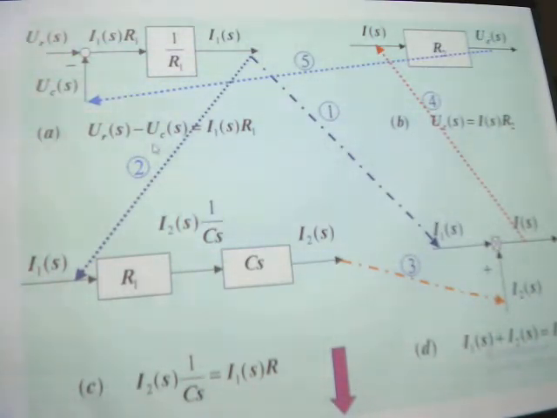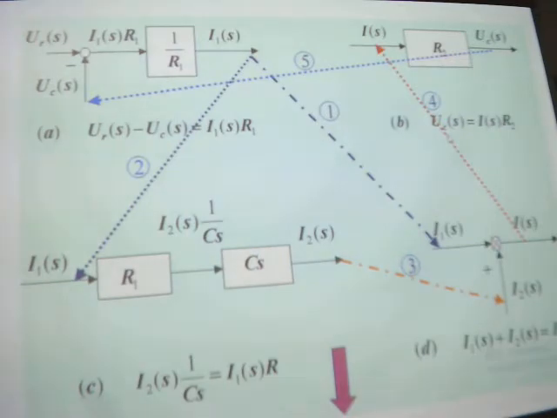UR minus UC equal to I1 R1. You can see UR minus UC equal to I1S R1. Okay, this is the first one. This is the first equation.